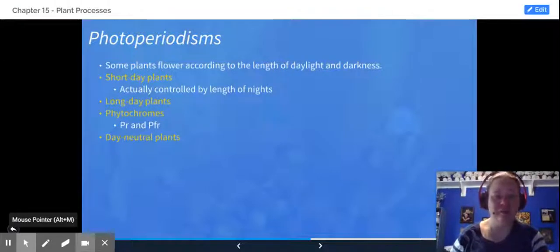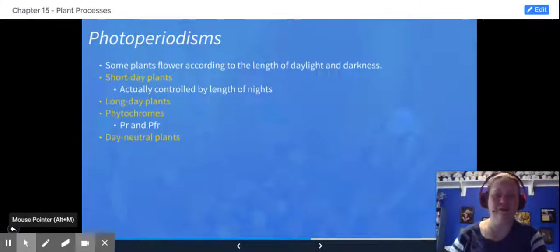And we have 3 different types of plants that flower. Remember, plant growth or flower growth, okay, is determined by the amount of darkness that a plant has, not by the amount of daylight they have. Okay, so make sure you remember that, okay?